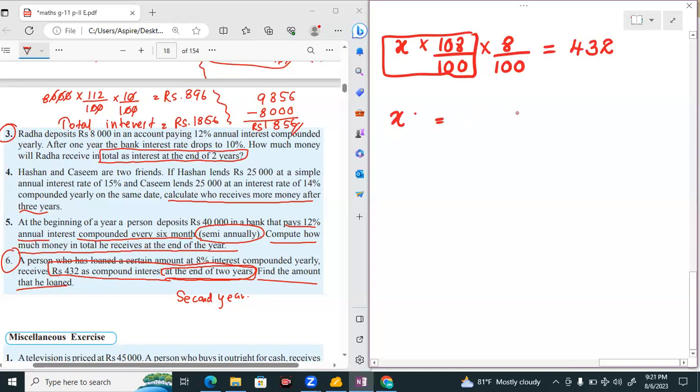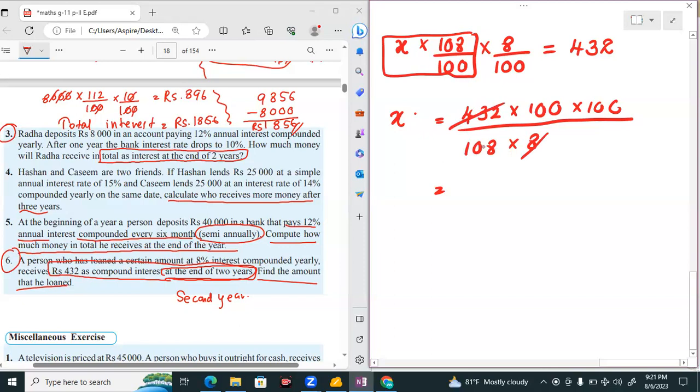Then 432 is multiplied by 200s, 200s meaning 100 multiplied by 2, divided by 108 times 8. The answer we obtain is, we divide 432 by 108, we obtain 4.